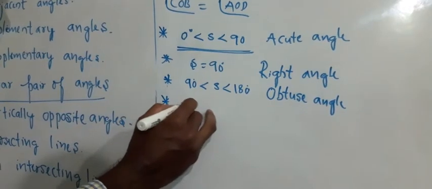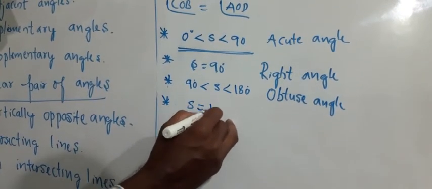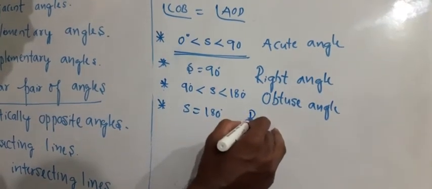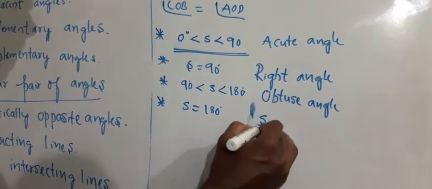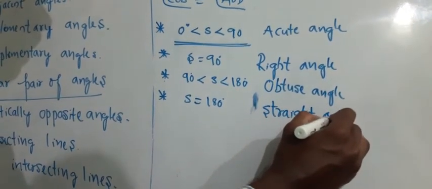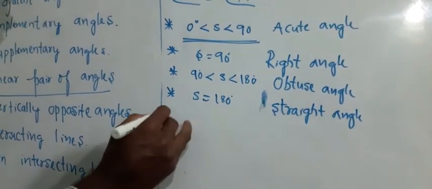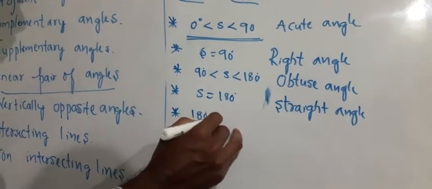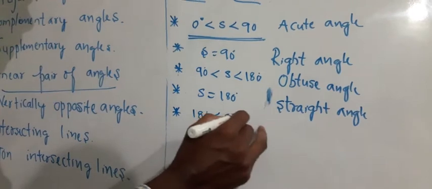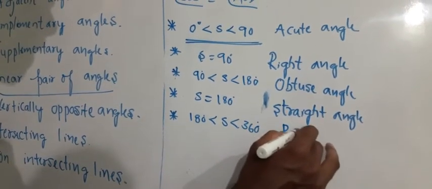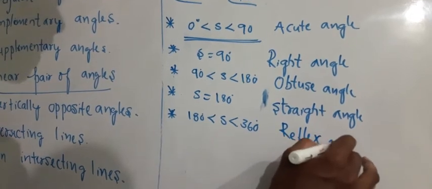If the angle is exactly equal to 180 degrees, we call it a straight angle. If the angle lies between 180 degrees and 360 degrees, that is, S is greater than 180 and less than 360, we call it a reflex angle.